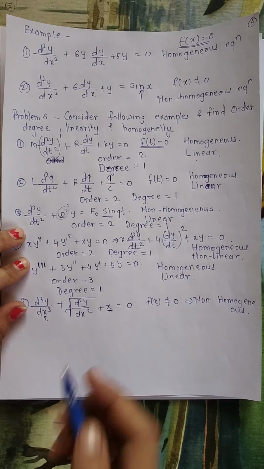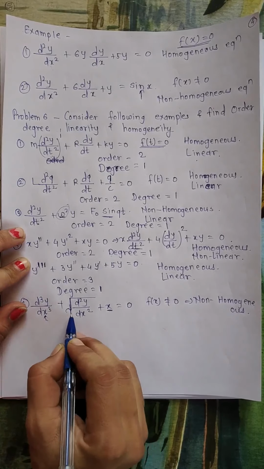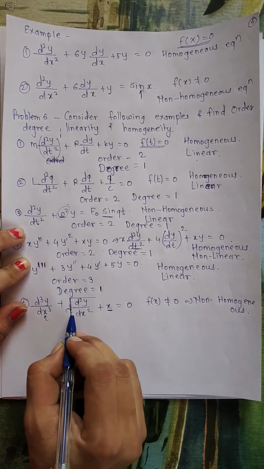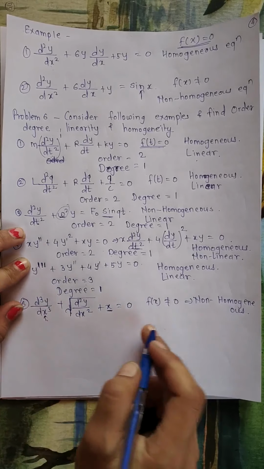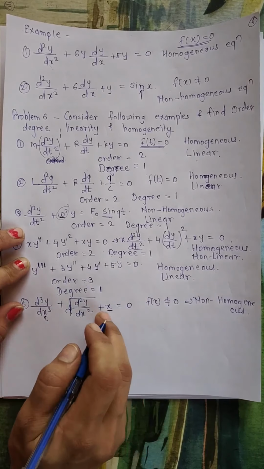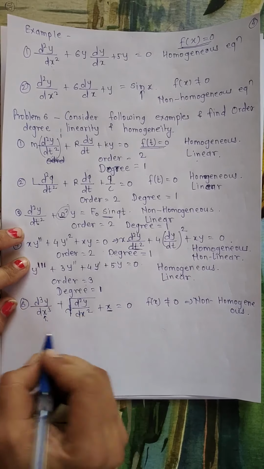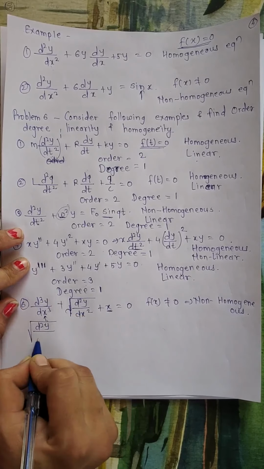And here if you observe the terms having a derivative, this term has the power 1 by 2. So before testing linearity, we have to rearrange this equation a little. We have to take the root term on one side and write the remaining terms on the RHS.